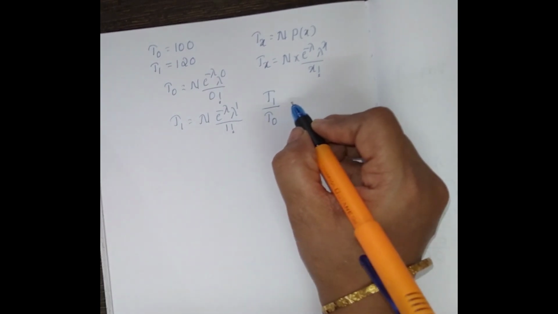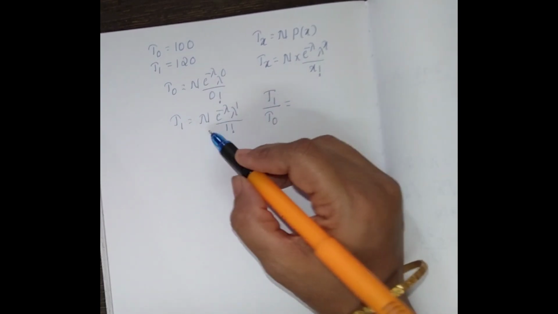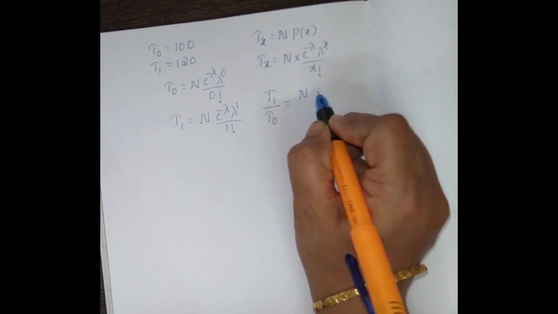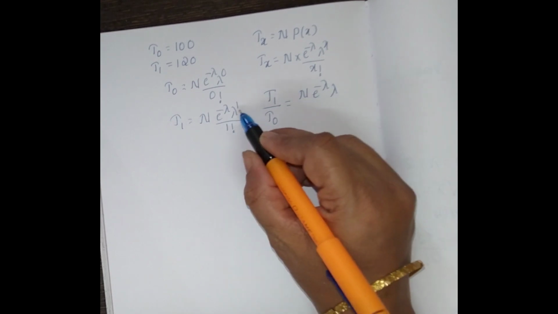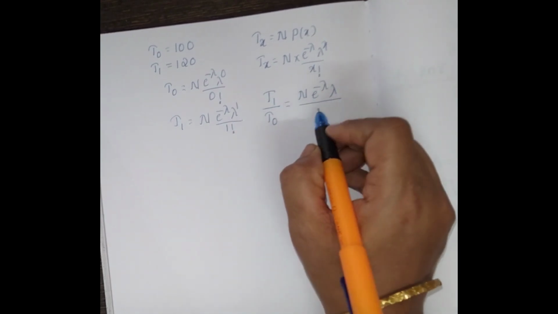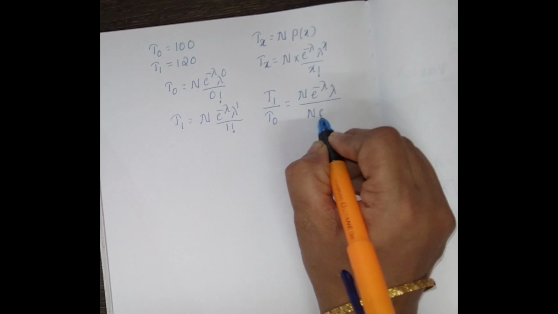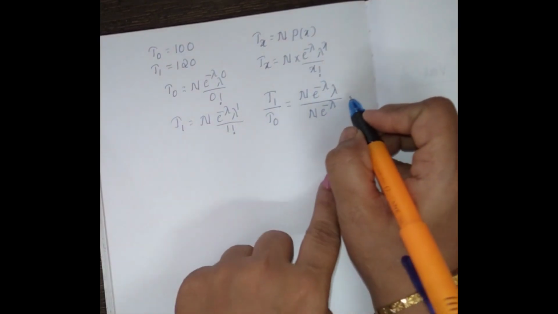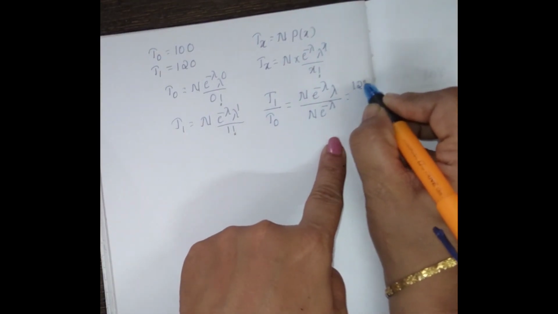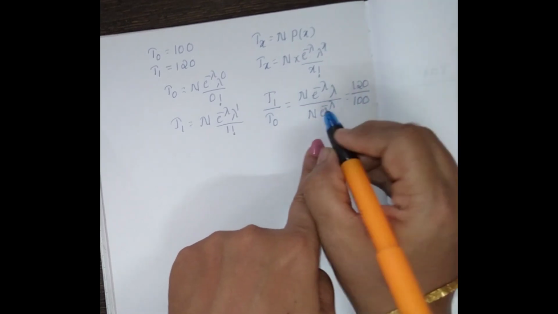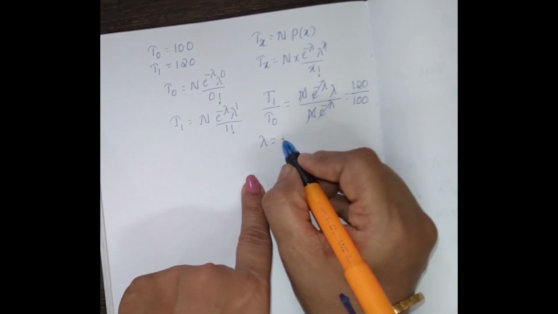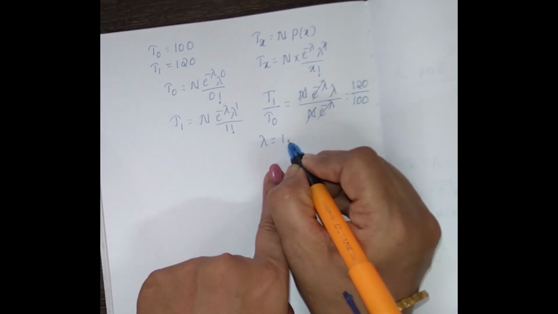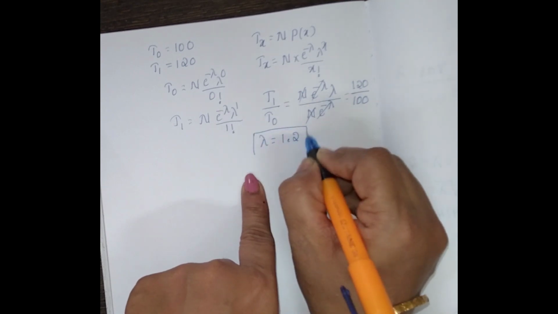Here 1 factorial is 1, lambda to the power 1 is lambda, divided by N into e to the power minus lambda. We know the answer, 120 divided by 100. Then everything else cancels. Then lambda is equal to 120 divided by 100, that is 1.2. Lambda is equal to 1.2.